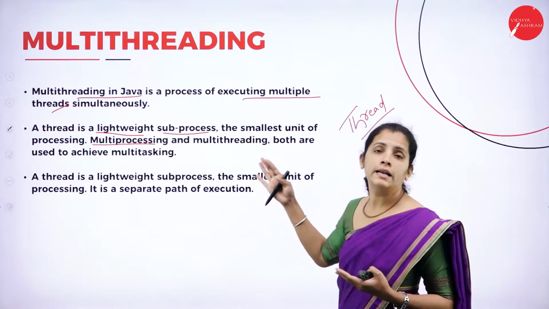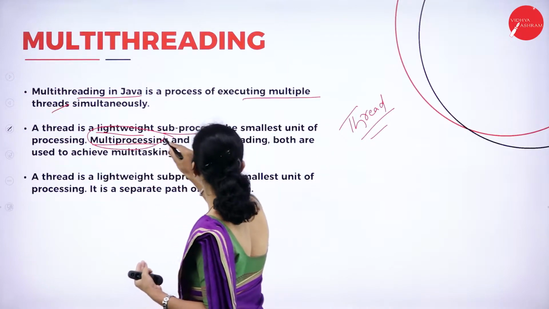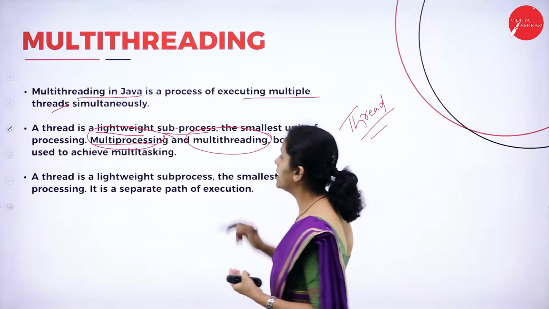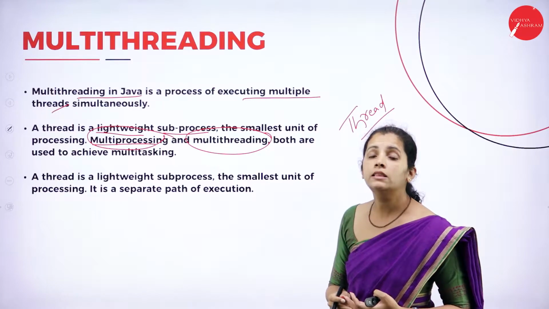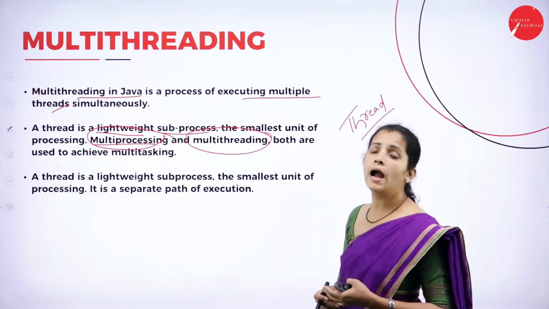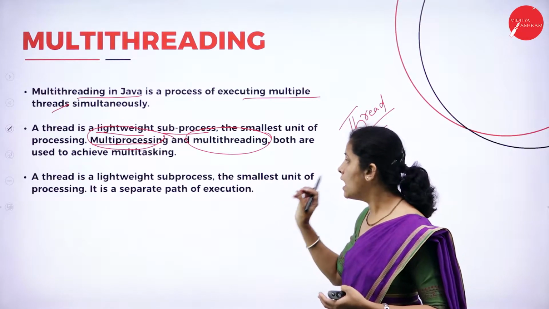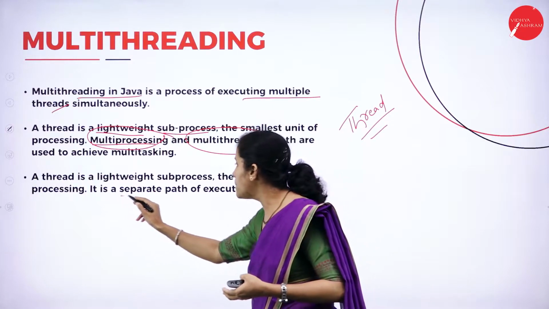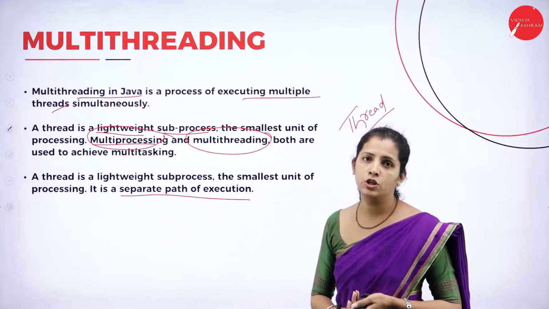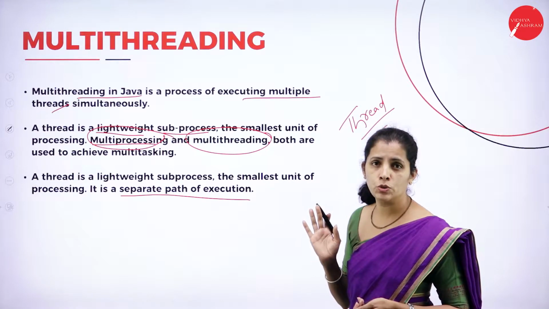To achieve multitasking, I require multiprocessing as well as multithreading. A thread is a lightweight sub-process, the smallest unit of processing, and it is a separate path of execution.